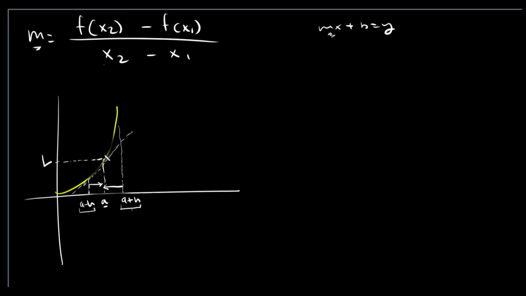Right. So let's write this. Let's plug in our values in my slope equation. This is going to be f of a plus h minus f of a, right? I hope you guys are not lost, because what I'm just doing is taking an x in front of my a.